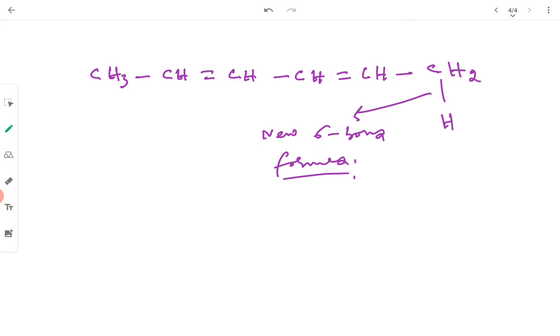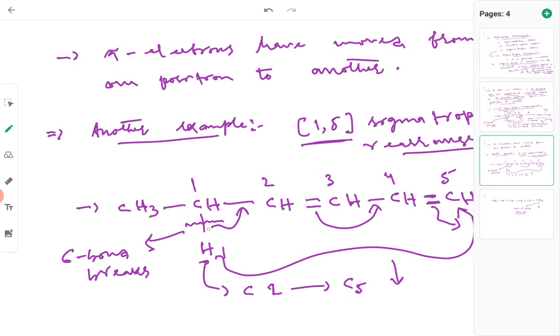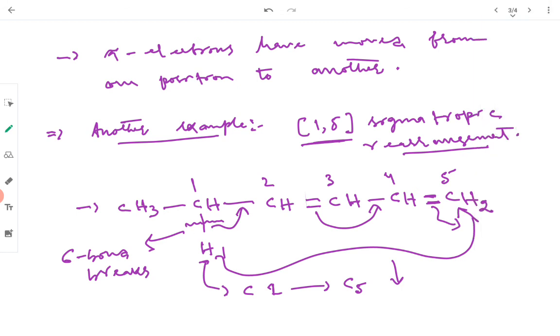So what has happened, if we go to the previous slide, this sigma bond here breaks and goes to this position. So you will have a double bond here, this double bond goes here, and this double bond goes here as a sigma bond.